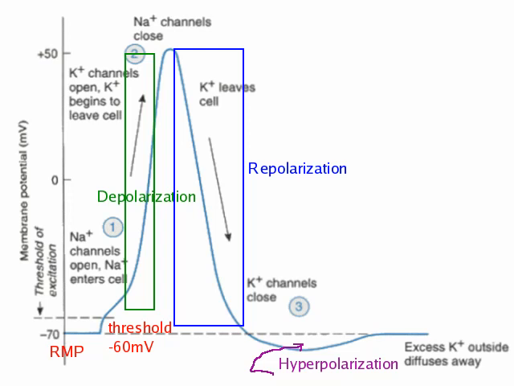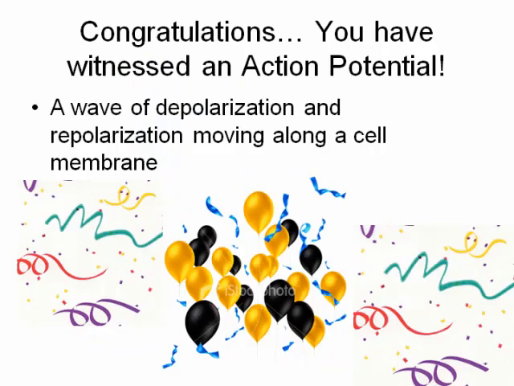Remember, hyperpolarization kicks in at negative 80 millivolts. And then we return back to, right here, resting membrane potential, and that is negative 70 millivolts. And so this diagram kind of graphically explains what it is that we have.